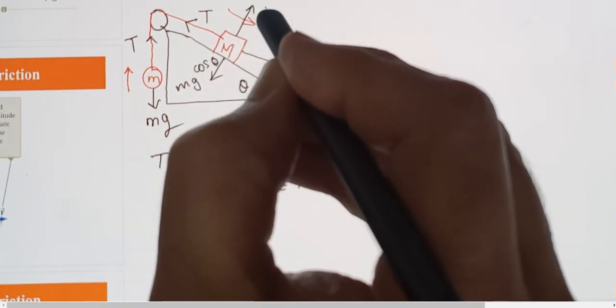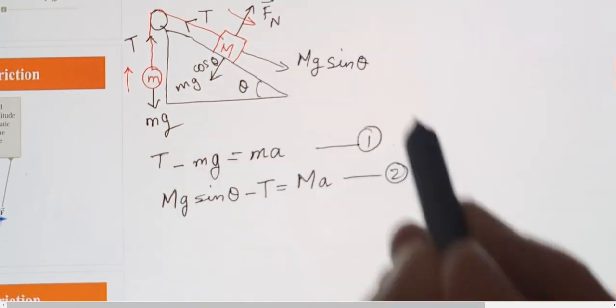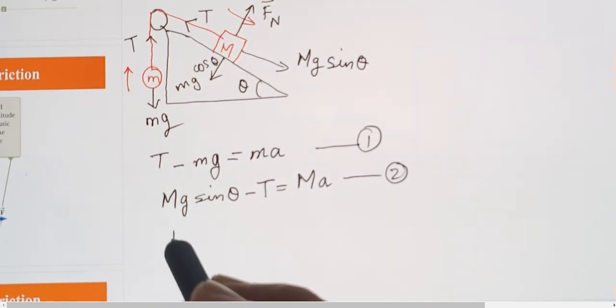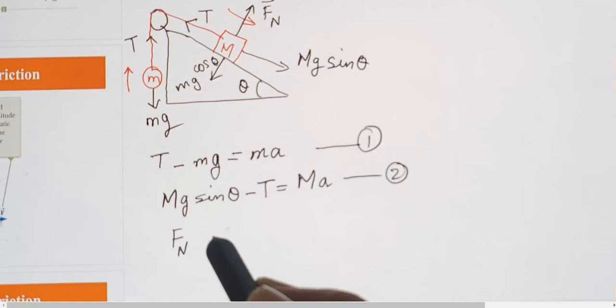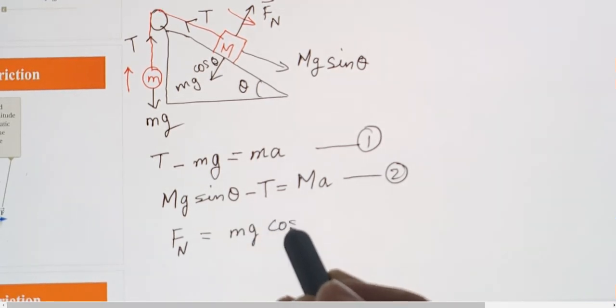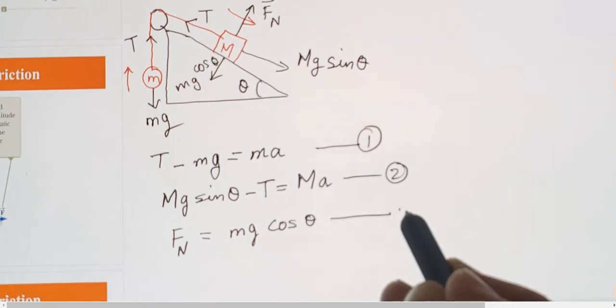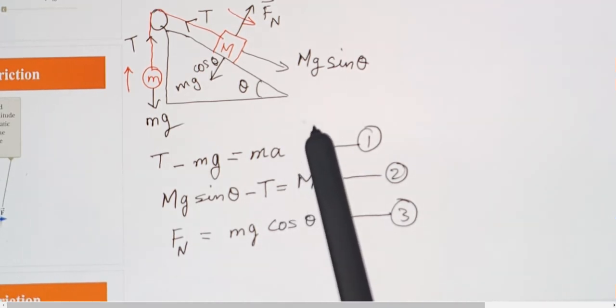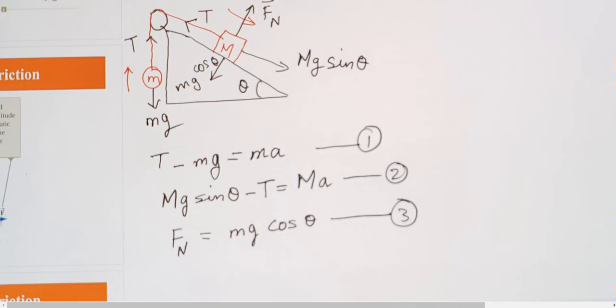So the normal force is equal to Mg cosine theta. So those are the three equations we can write when we have this situation.